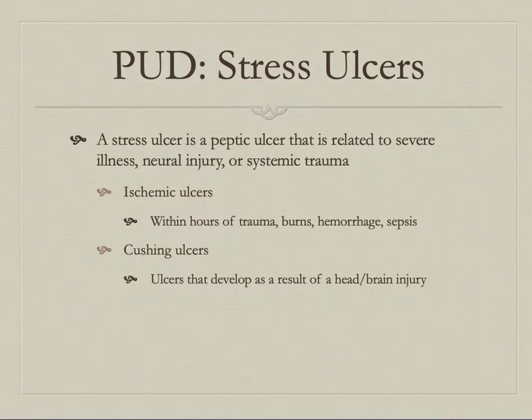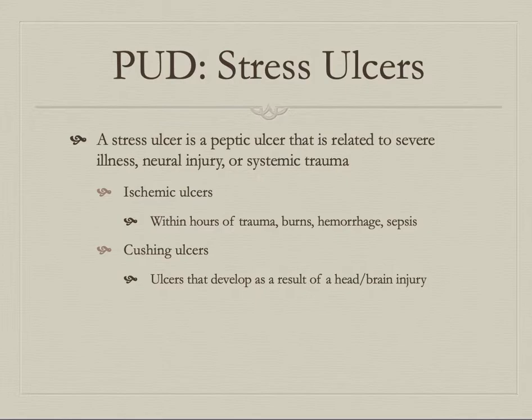And then we've got the stress ulcer. Remember that a stress ulcer is not really related to your psychological stress because you've got exams coming up or this or that. This is one that is related to a severe illness, a trauma, something like that. You've got ischemic ulcers, which are literally caused by ischemia to the gut, okay?